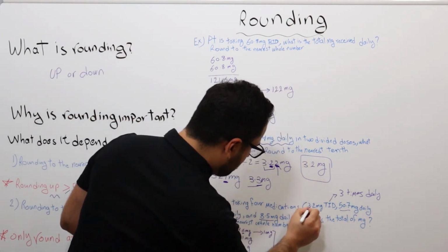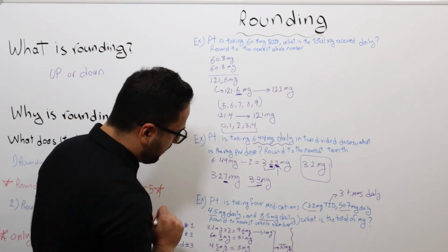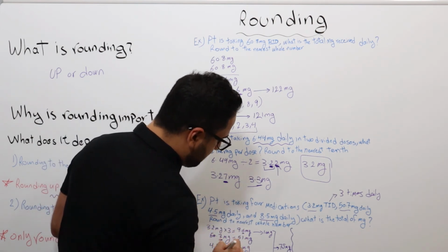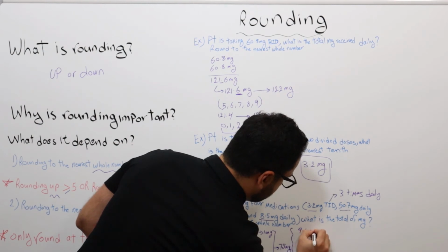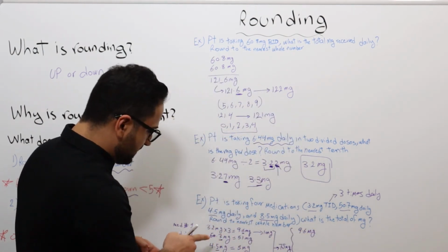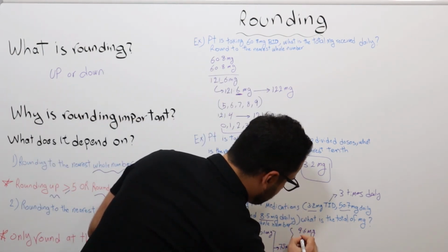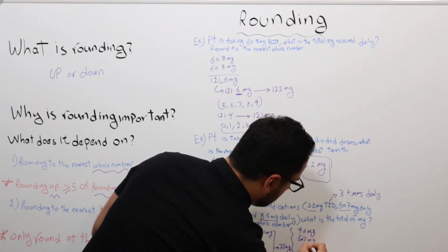We have 3.2, medication number 1, times 3 is 9.6 milligram, that's med number 1. Number 2 is 50.7 milligram.